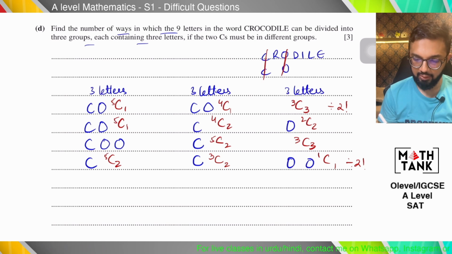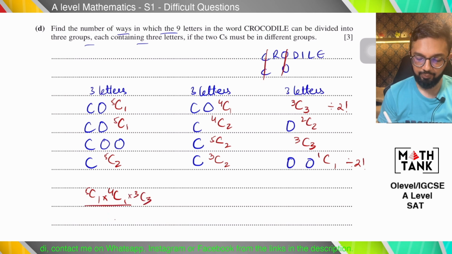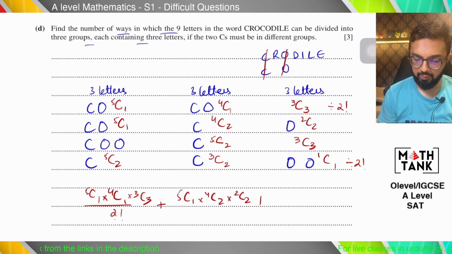So what's 5C1 into 4C1 divided by 2 factorial? I'm getting this and 3C3 as well. Plus, plus, plus.